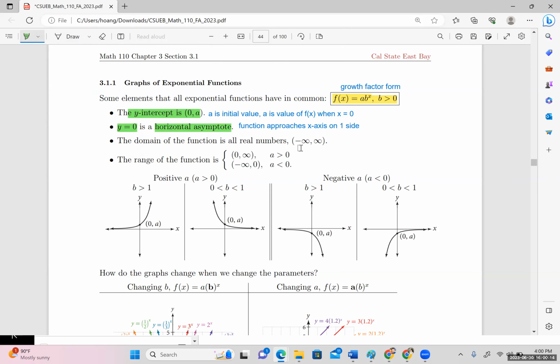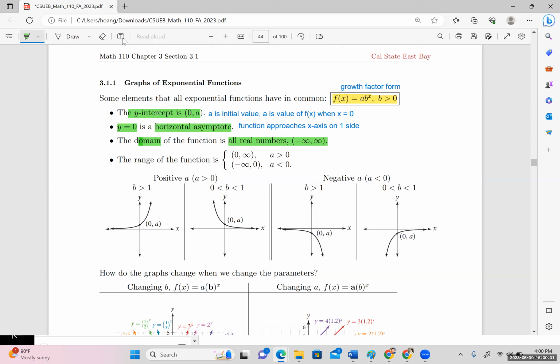All right. One more thing is the domain of the exponential functions is all real numbers. Keep in mind that this is just for mathematics. For the business people, we are not going to consider the negative.